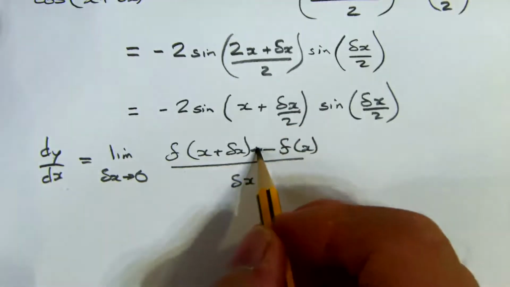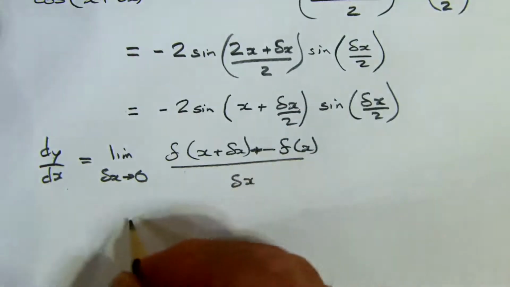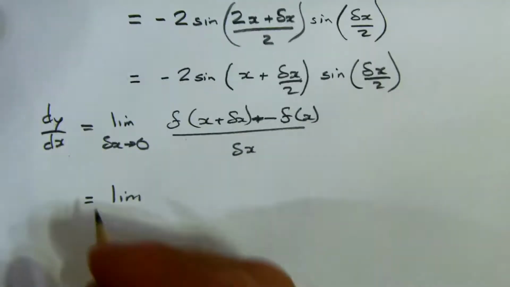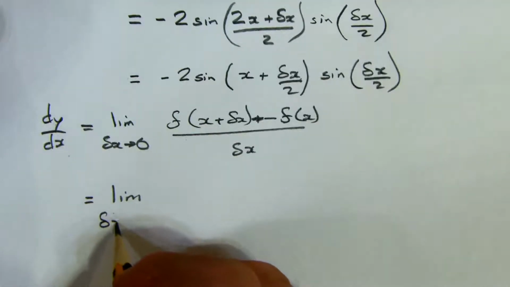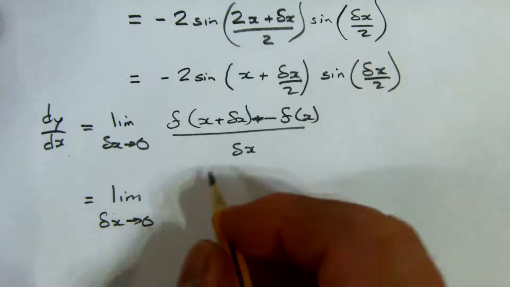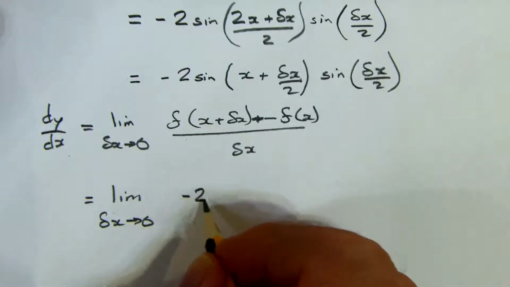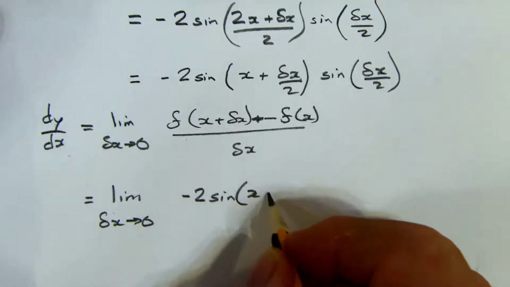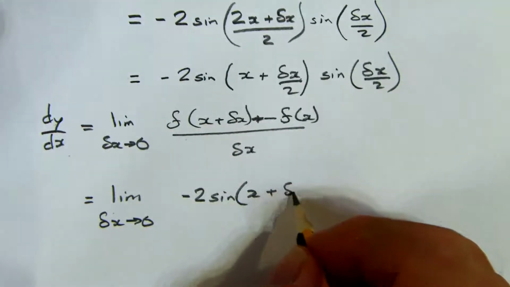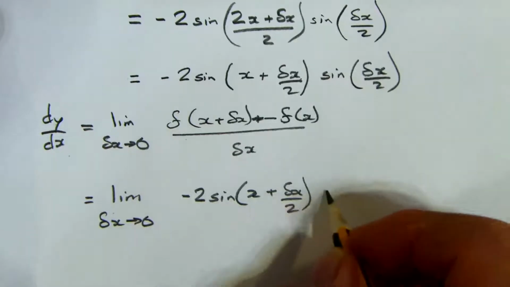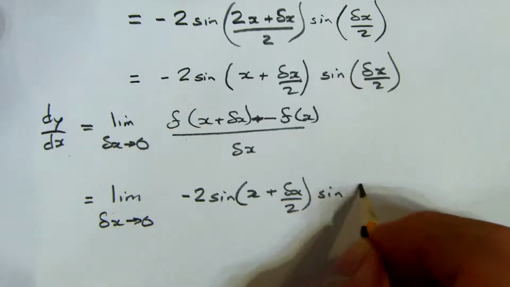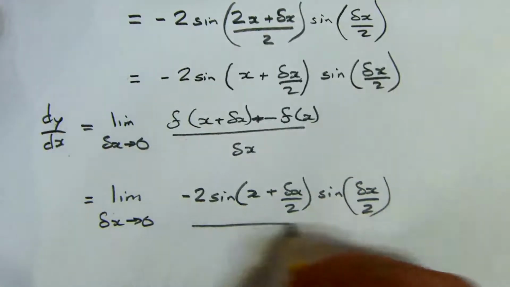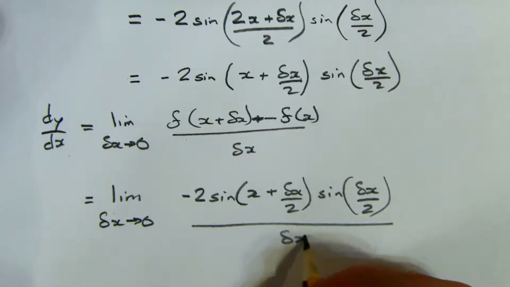Let's substitute that in. So as delta x approaches 0, we get minus 2 sine of x plus delta x over 2 times sine of delta x over 2, all over delta x.